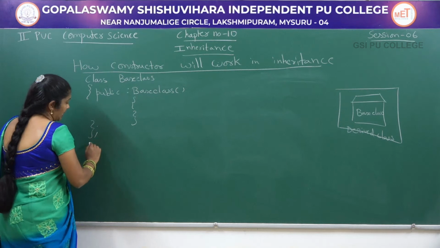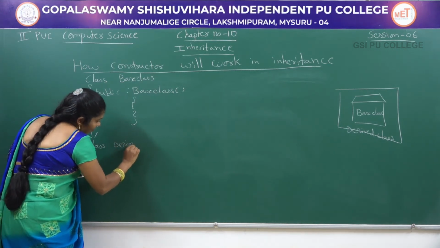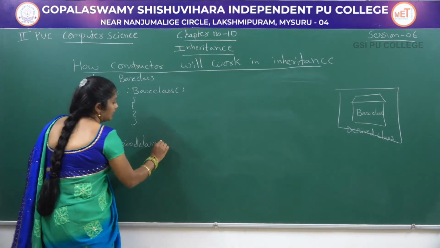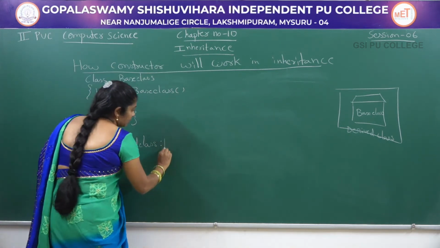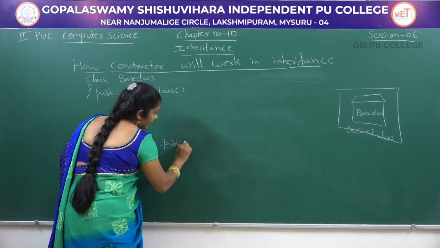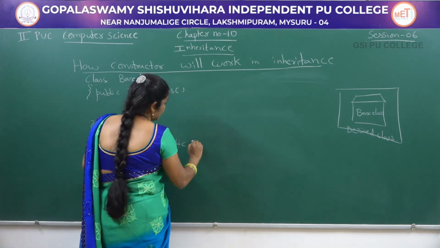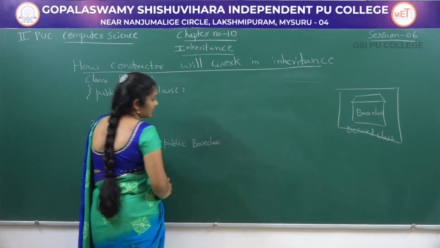Then how to write the derived class? Derived class. Then here we have to put a colon. The visibility mode here we have to write is public. And what's the base class? Here I am going to take the base class name, base class.